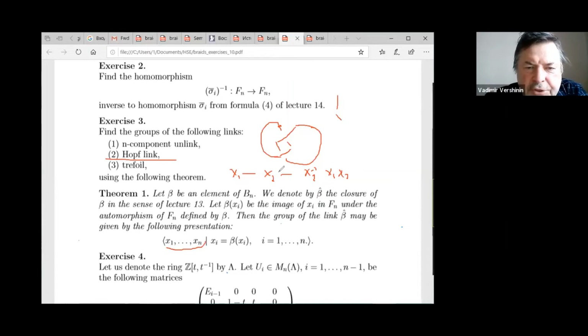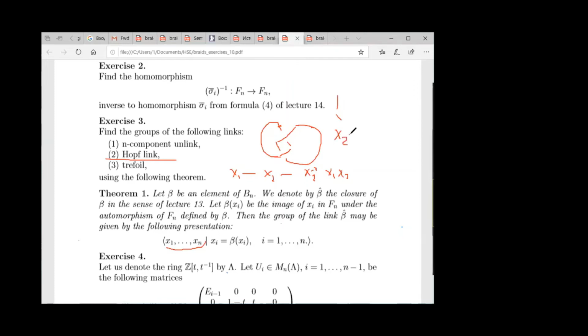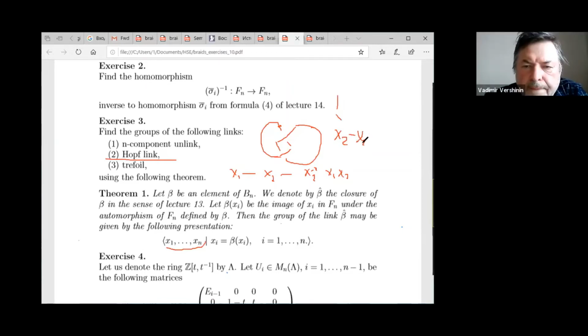This is the action of sigma 1 squared on x2, sorry, I write down here: x2 goes to x2 minus 1, x1, x2, right? Now one more.